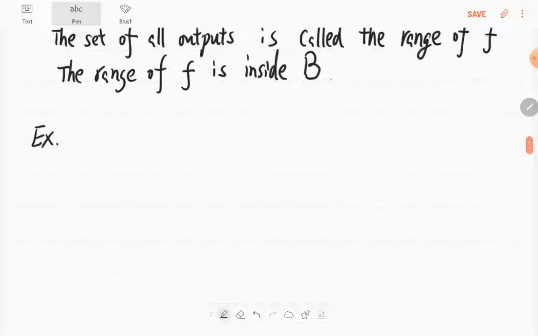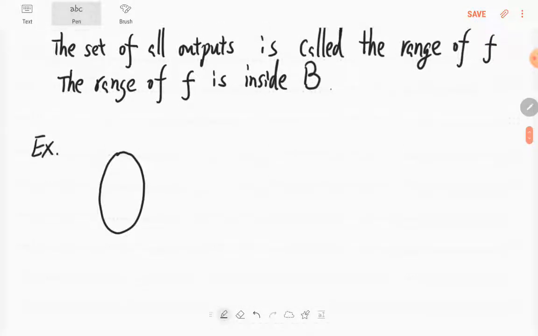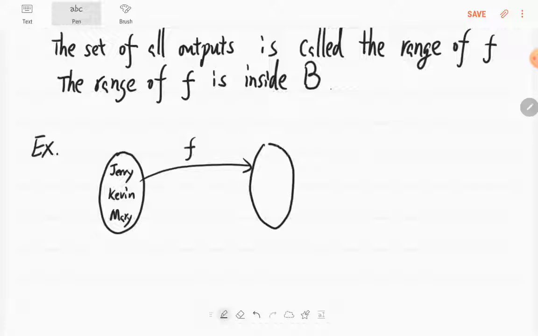So now let's determine if this one is a function or not. We have a set of several students' names: Jerry, Kevin, and Mary. This f is the relation between two sets. If you input a name, it will generate the phone number.